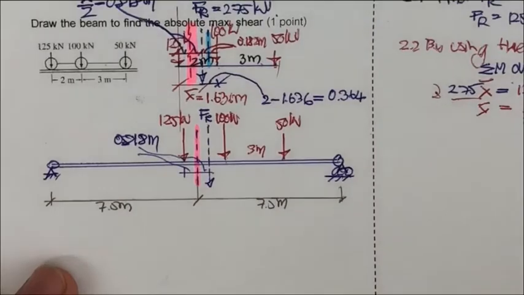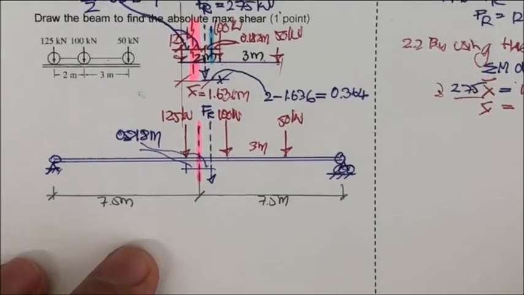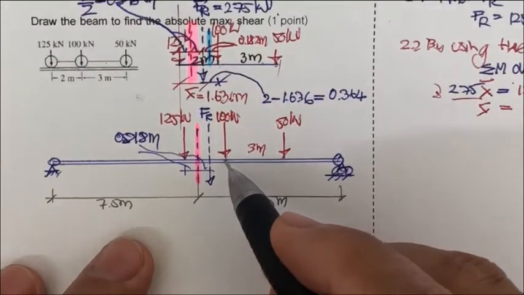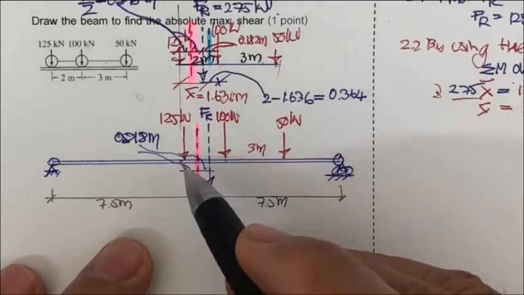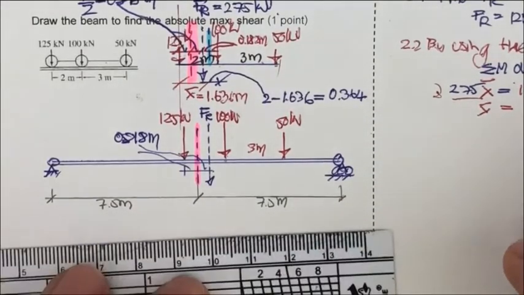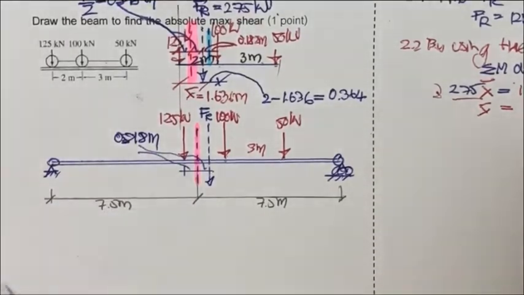And for this one, I will try to check whether the maximum moment is going to occur under this one or under this one. And we will arrive at an important conclusion later.